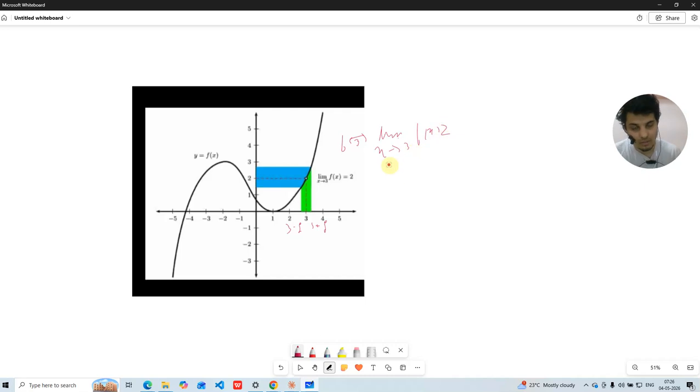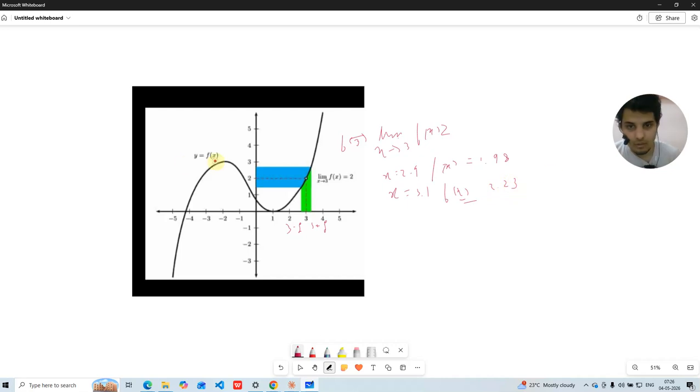So if I take a small number, let's say x equal to 2.9, then our f(x) would be a little less than 2, let's say 1.98, and if x would be equal to 3.1, let's say 2.23.